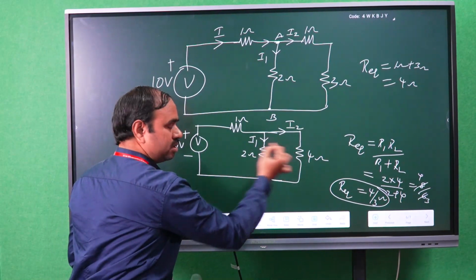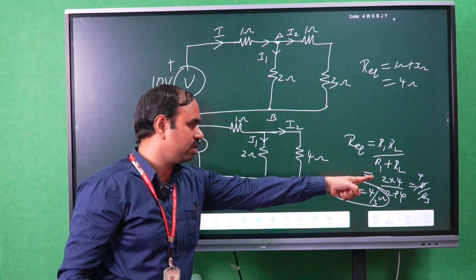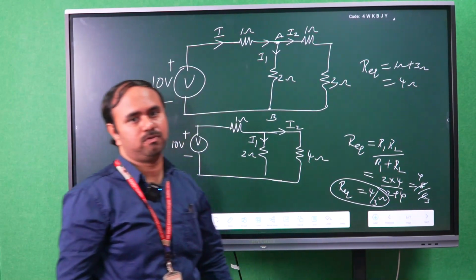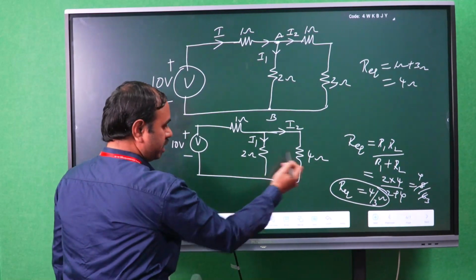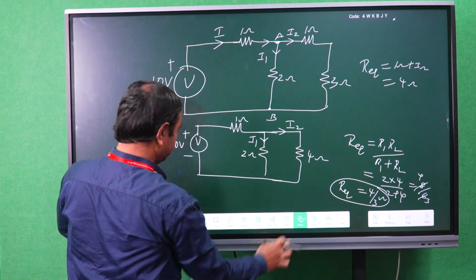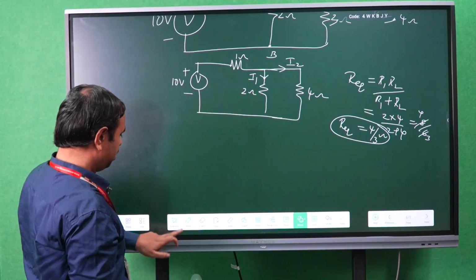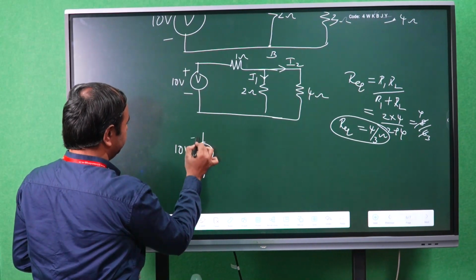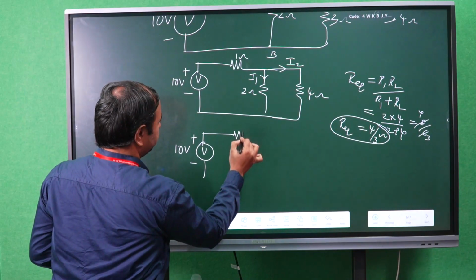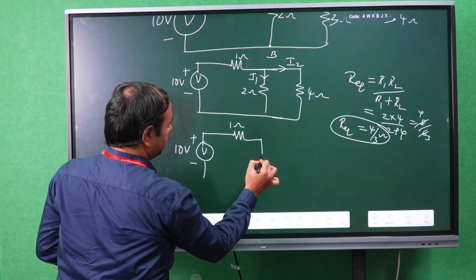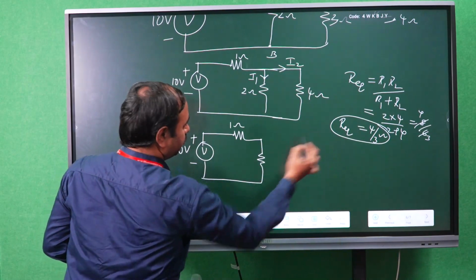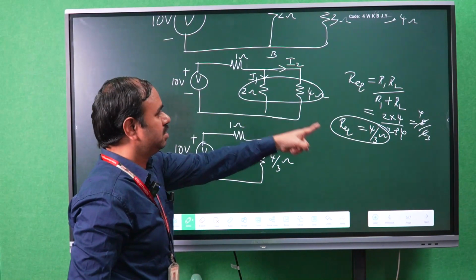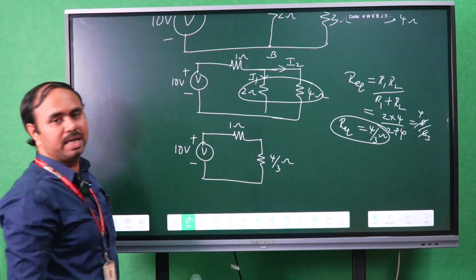Remove these two resistances and modify the circuit like this: 1 ohm and the resistance 4 by 3 ohms.